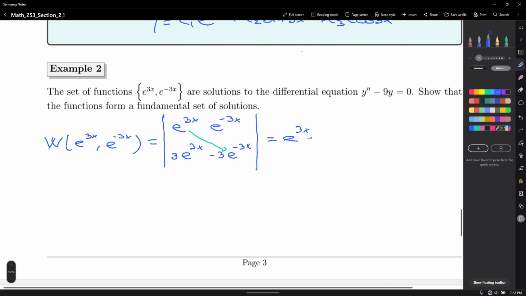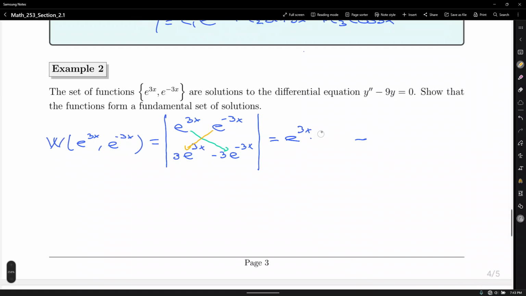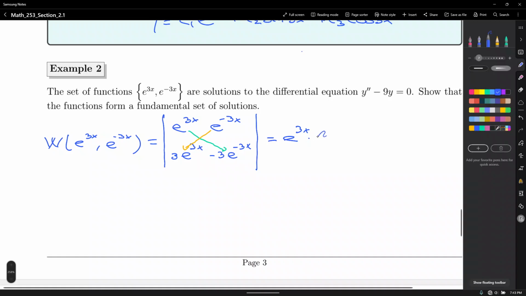That is e to the 3x times negative 3 e to the negative 3x, and we will subtract whatever we get from multiplying the elements along the secondary diagonal, that is the 1 2 and 2 1 elements. Oh, I forgot to multiply by negative 3 here. Whoops. Let me change this.